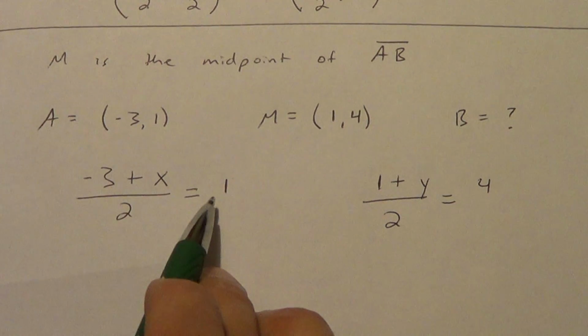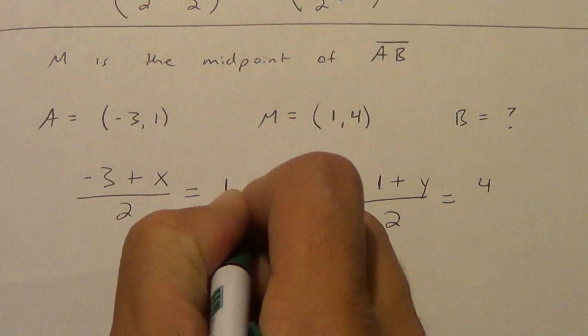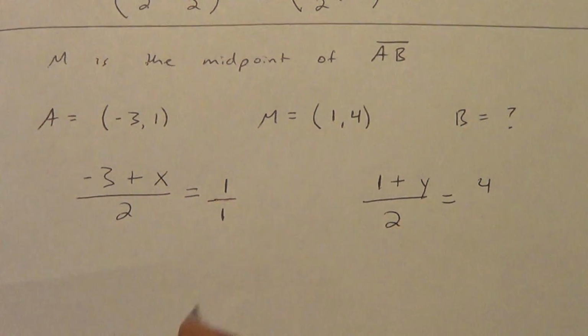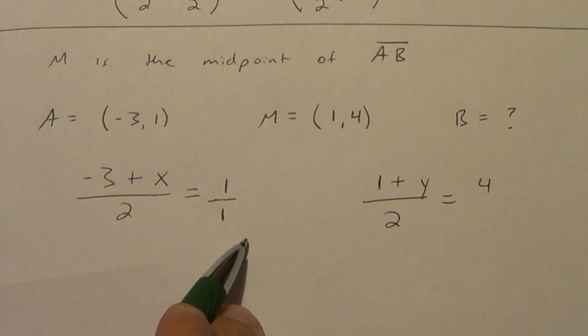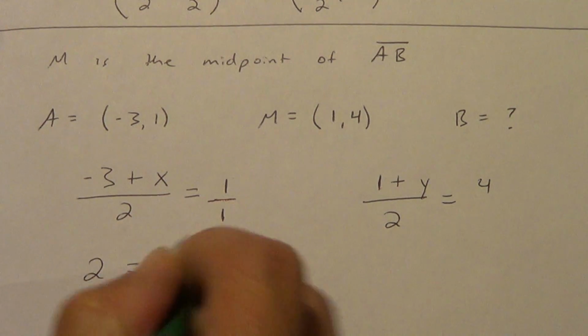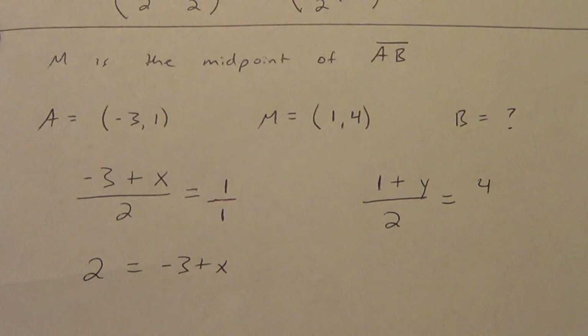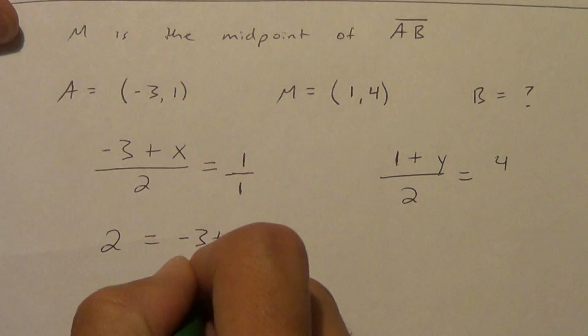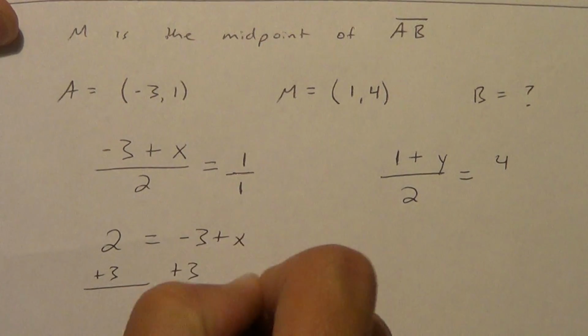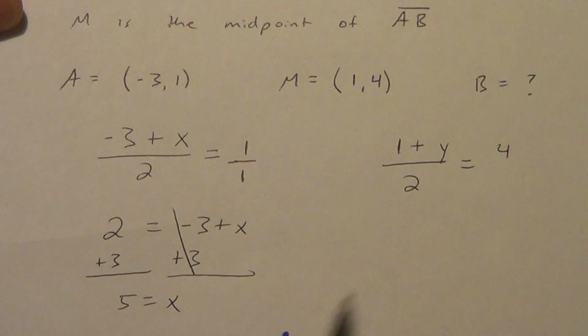An easy way to solve this is to put this over 1. I can put any number over 1 anytime I want to. And then let's cross multiply. You should remember that from algebra class. So 1 times 2 is 2. 1 times all that doesn't change it, so negative 3 plus x. How do we get x by itself? We add 3. These cancel. 5 equals x.